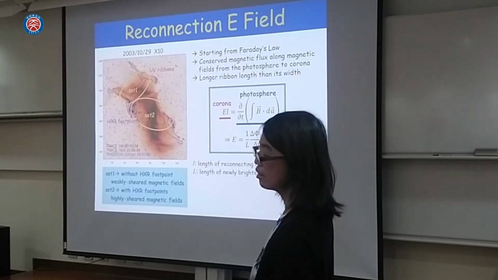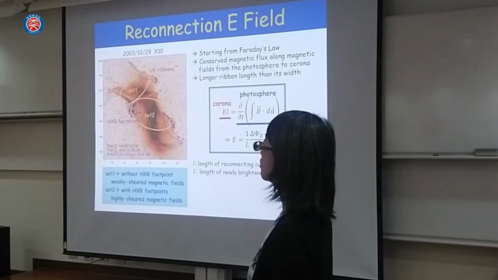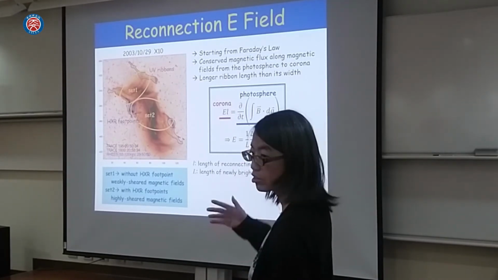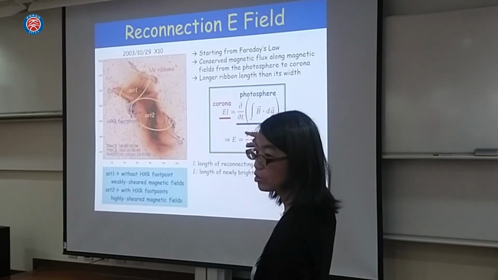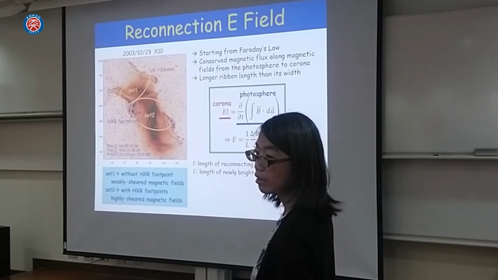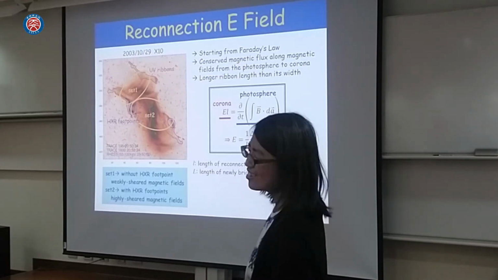Later we can see something like a radio source or hard X-ray source in the upper part. So you can tell the difference based on the frequency or energy. Sometimes it's hard.